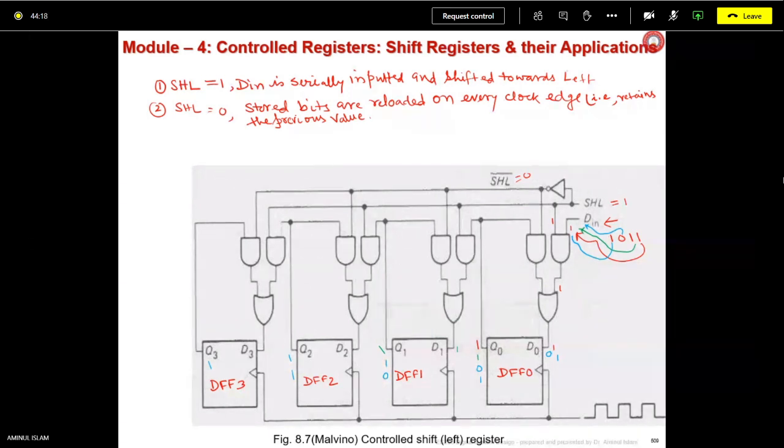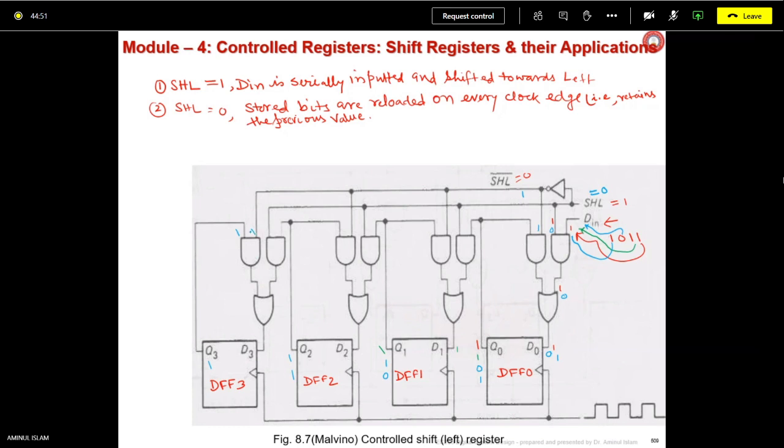Now suppose you are applying shift SHL equals 0. You don't need to shift anymore. Suppose you are not shifting, so it is going to be 1 here, and it is going to be 0, so always 0 is coming here. This is 1, so this is stored 1.